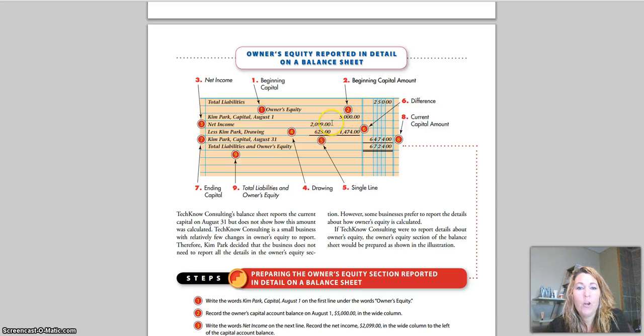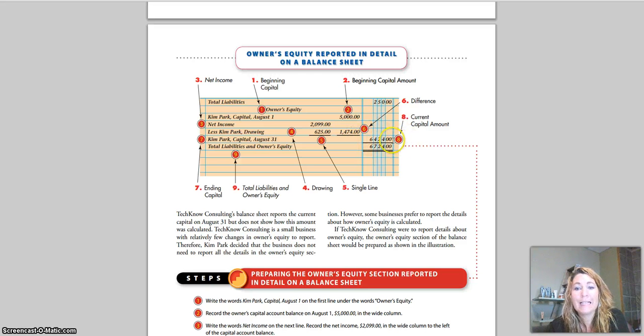Okay, then we had our net income. We took out $625. So we went ahead and did the math. Our net income minus what we had taken out in drawing left the $1,474. Then to find out our capital on August 31st, we took the $5,000 plus the $1,474 to give us this number.